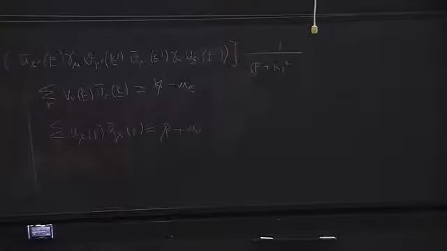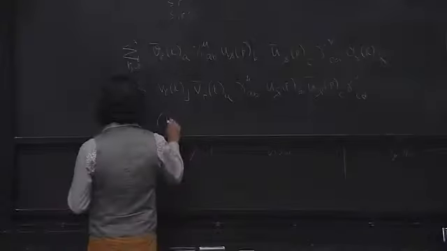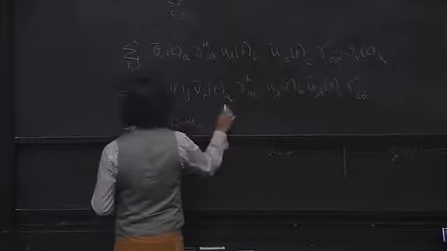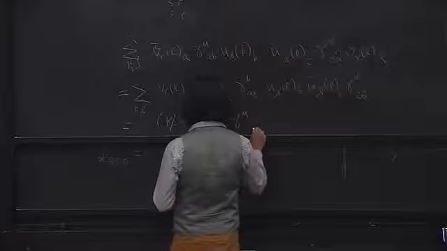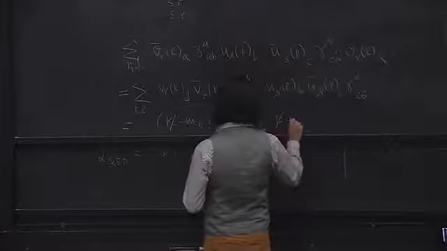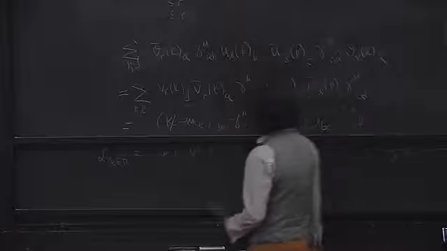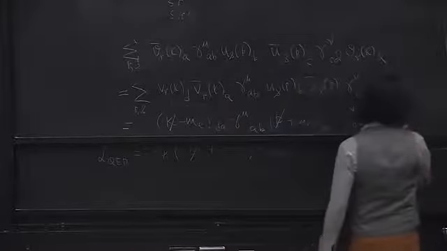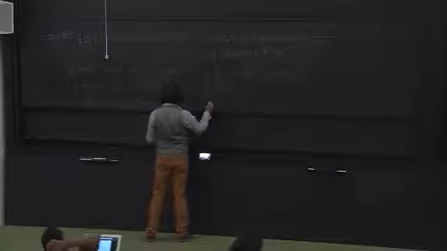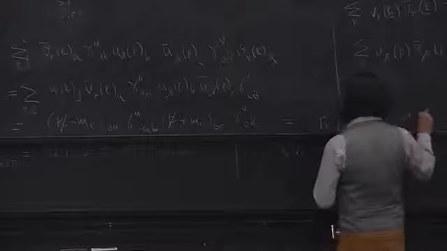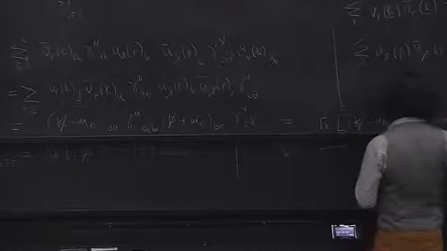So if you do this, then this expression becomes k slash minus me D of A, so this whole thing, gamma mu A B, p slash plus me B of C, gamma nu C of D, which we can write as the trace over k slash minus me, gamma mu, p slash plus me, gamma nu.